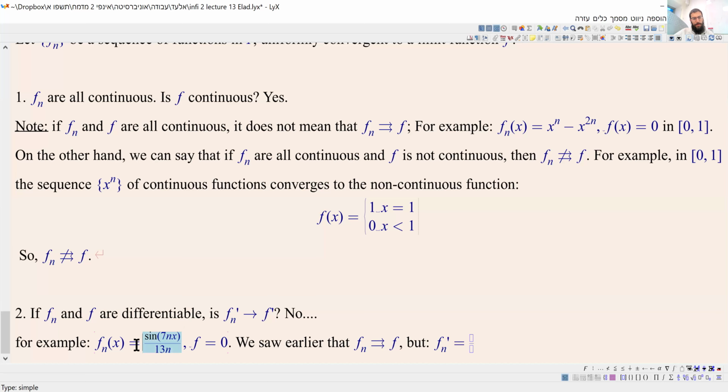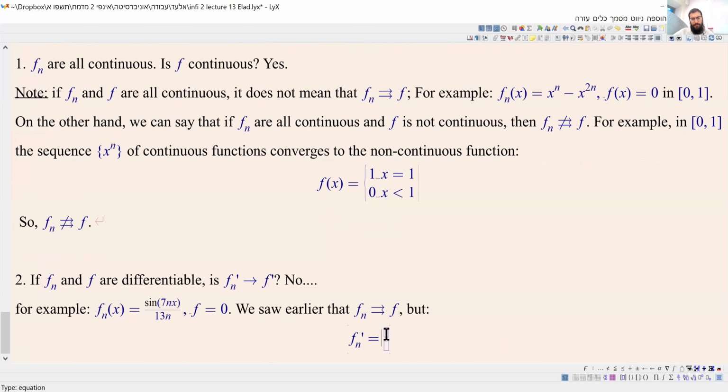So if we look at the sequence, the n goes out as the inner derivative. Sine becomes cosine of nx. And after the n cancel each other, we are left with some constant multiplied by cosine. It is not convergent to f'. Cosine doesn't go anywhere.